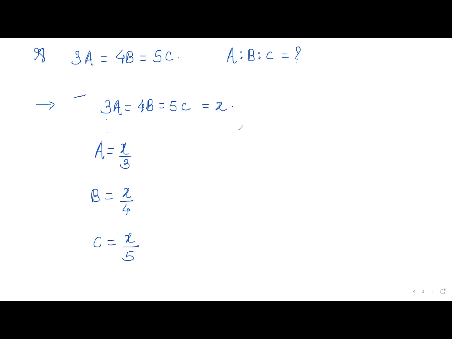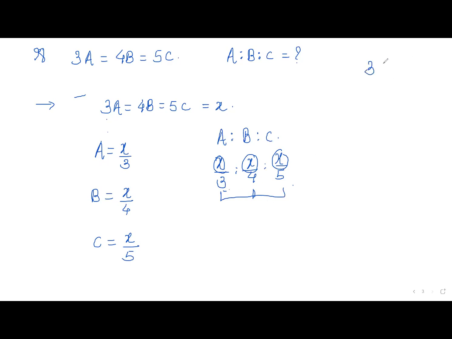Here we are getting the ratio A is to B is to C as X by 3 is to X by 4 is to X by 5. But as we know there is an unknown term, X, so for that we have to take the LCM of 3, 4, and 5.